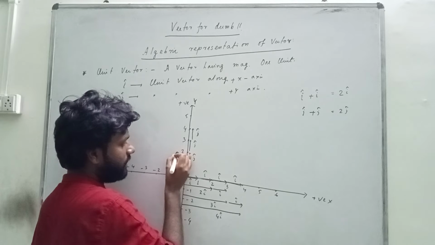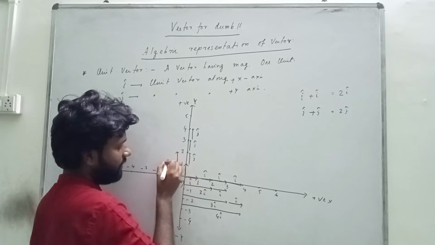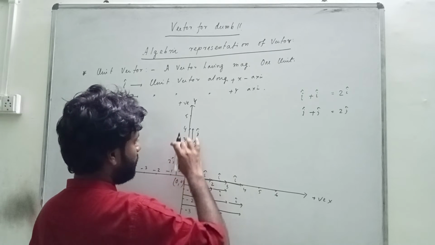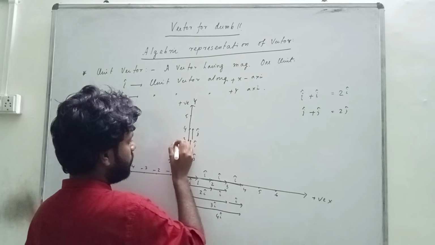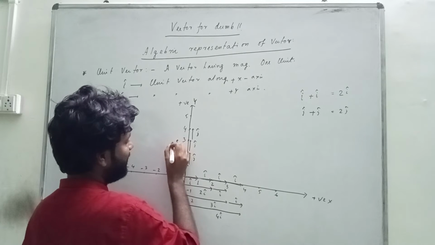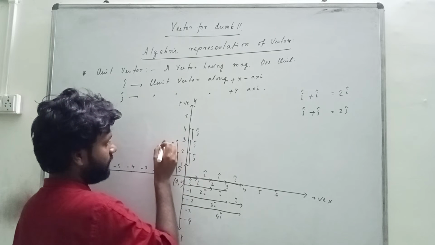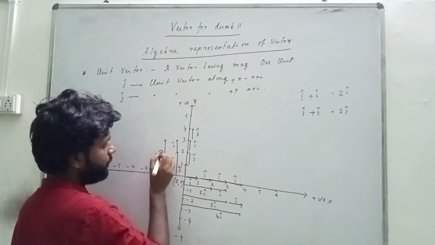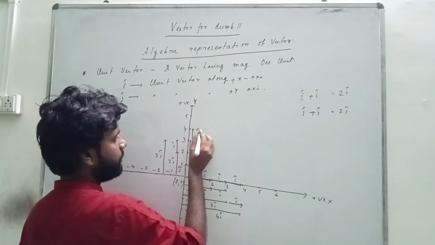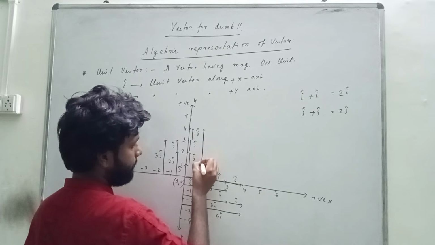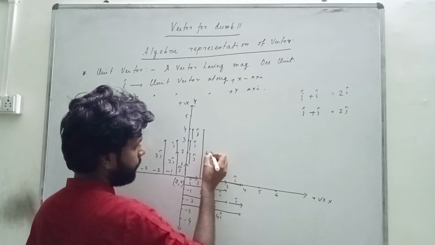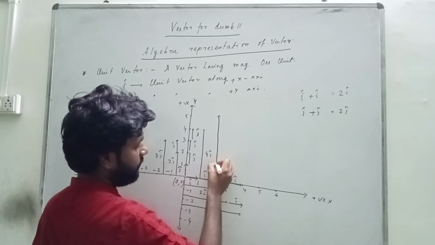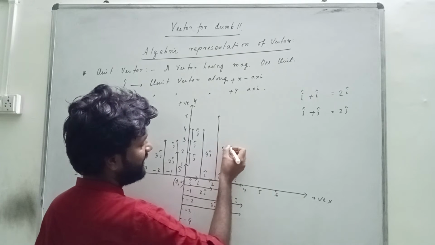So it is 2 j cap, and 2 j cap plus j cap is your 3 j cap. Then it is 4 j cap here, and 5 j cap here, and so on.